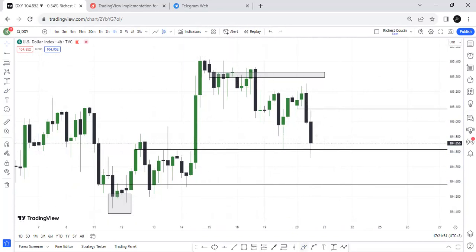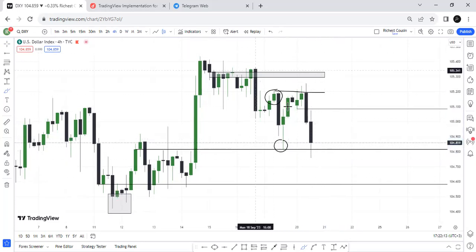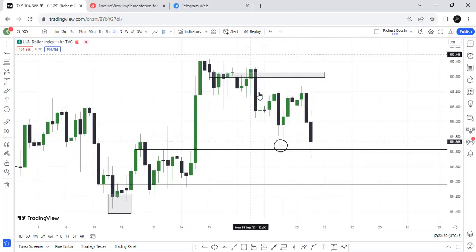The only thing that remains right here, because this is the true high and this is the true low: price failed to close above this high, so we expect price to close below this low. If price fails to close below this low, we are supposed to see some changes on the H1 time frame triggering us to be bullish. If not, we'll continue to hold our bullish moves on the pairs that we have already traded.